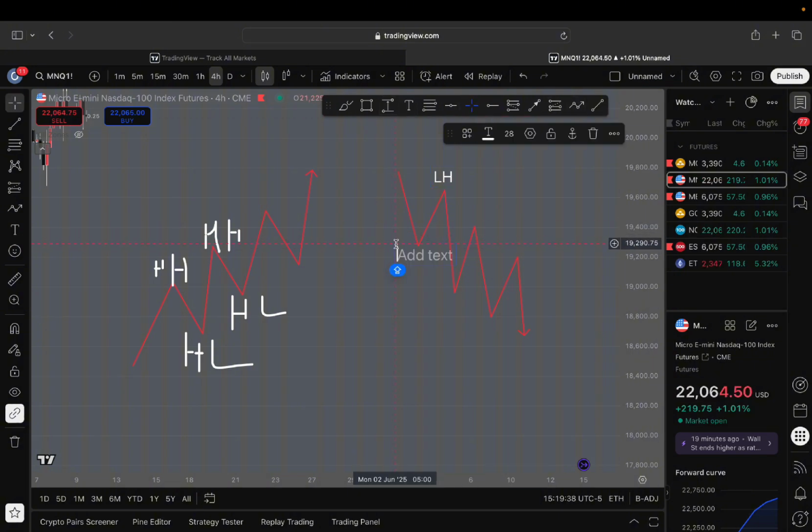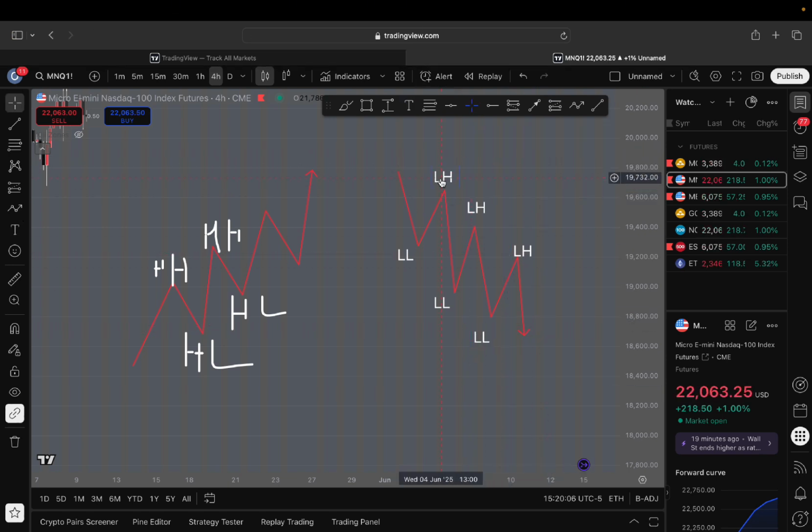This is going to be your lower low. Same thing for this one: lower high, lower low, lower high, lower low, and so on and so forth.